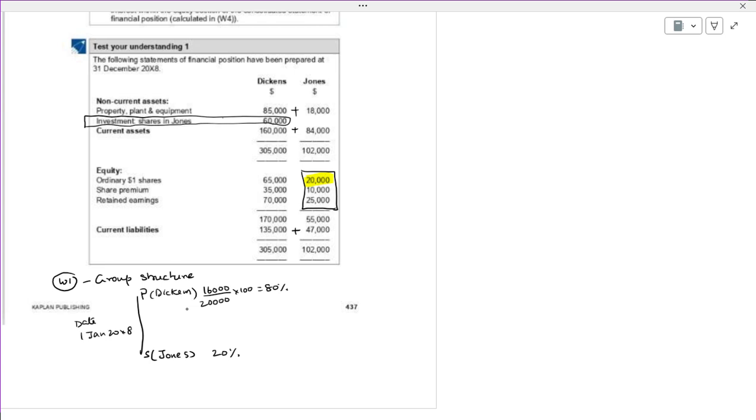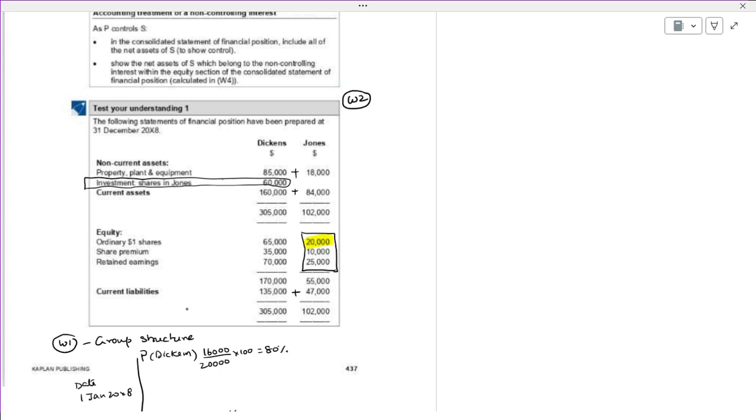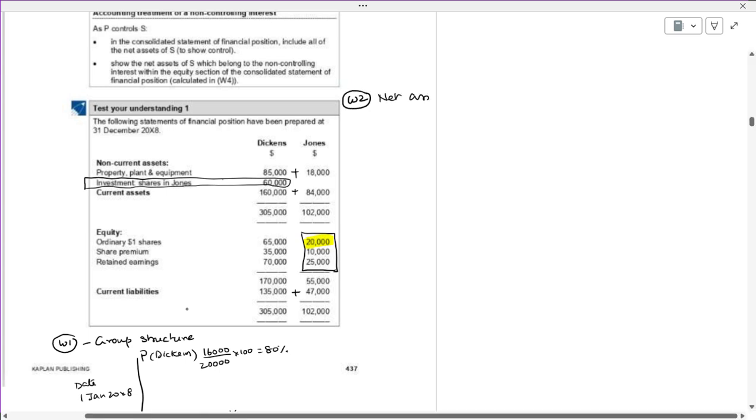What we have to do is the net assets working, working 2. Net assets of subsidiary only. We are not talking anything about the net assets of Jones.